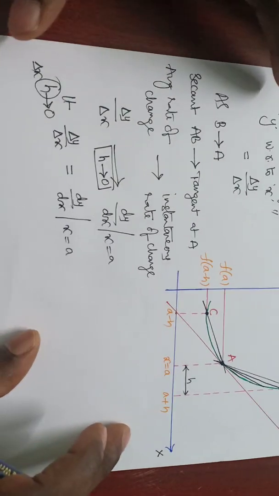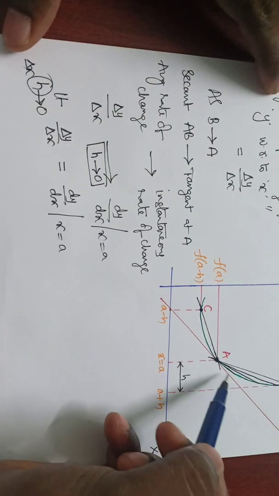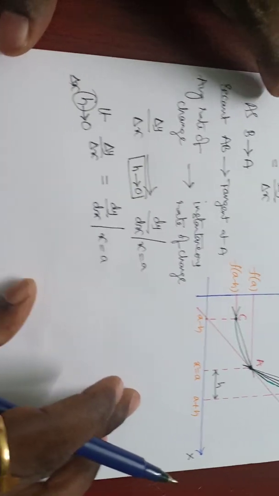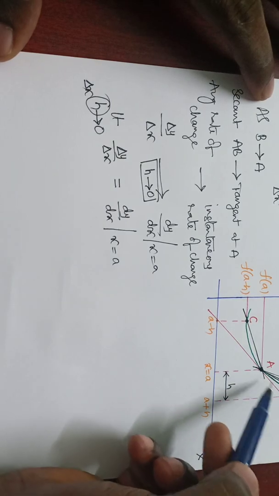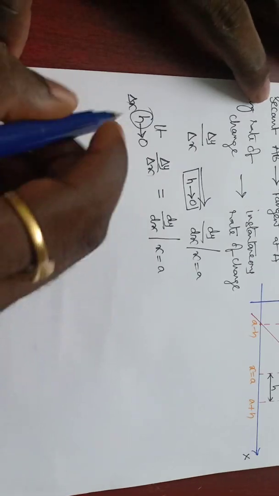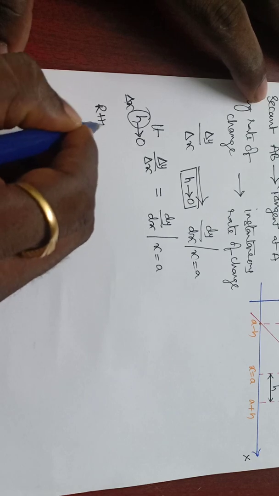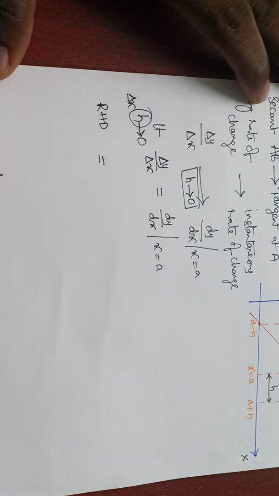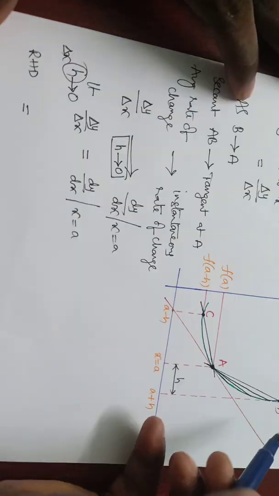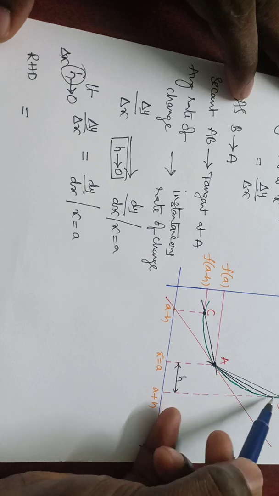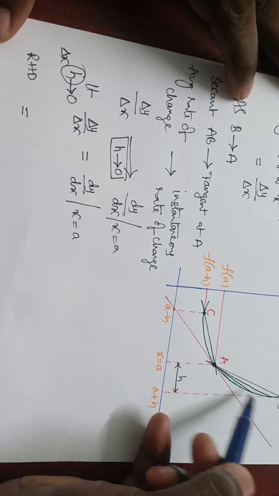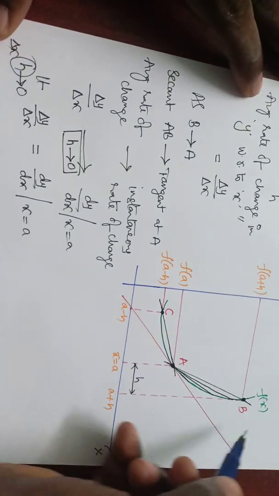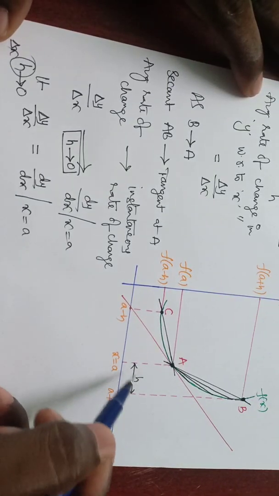Now coming to the right hand derivative, which means the slope of the tangent from the right side of a. Right hand derivative means as b approaches a, h is very close to 0.